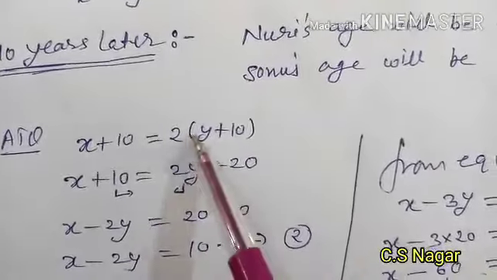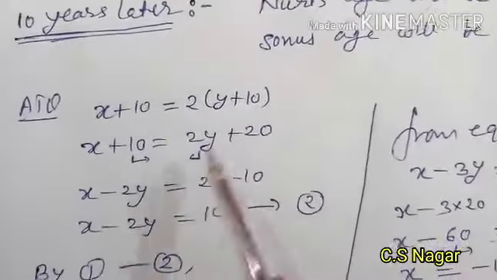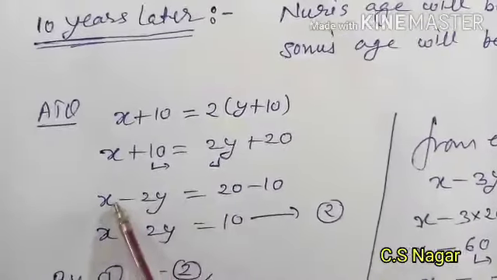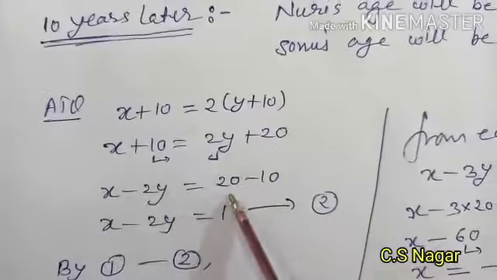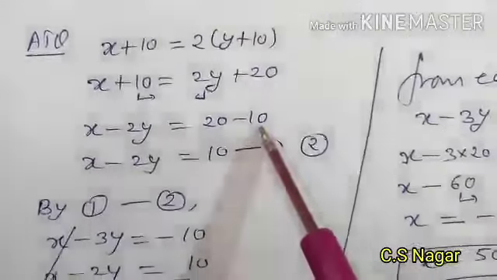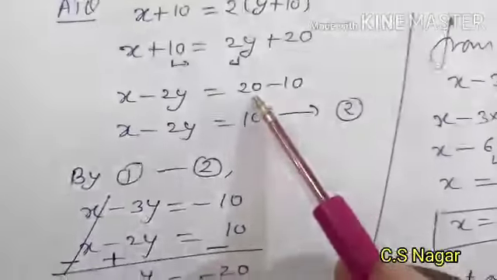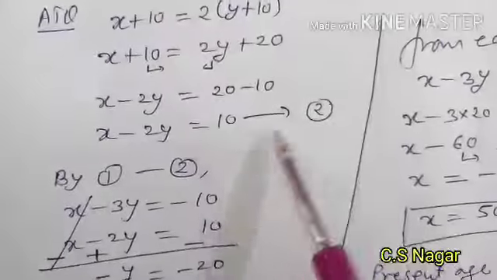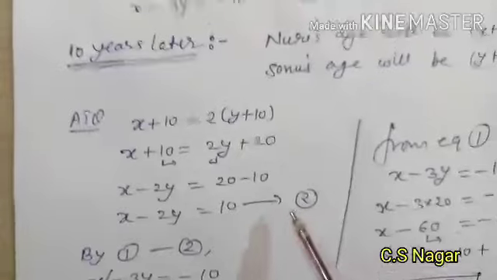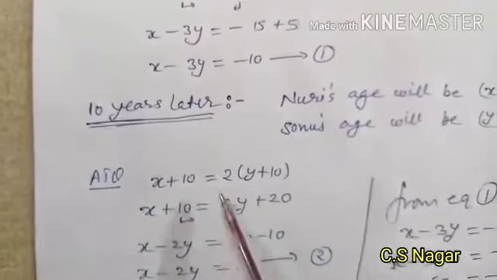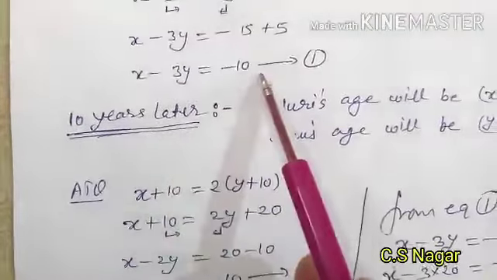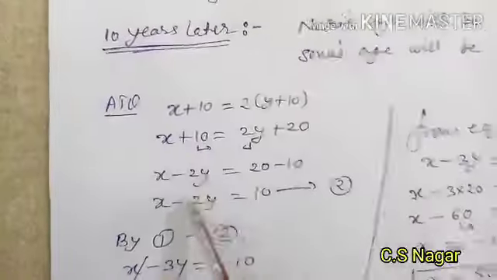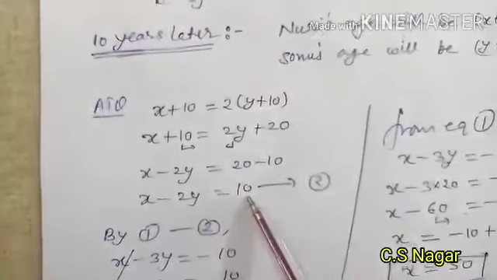So it will be 2y and this is 20. 2y transferred to the left side, so x minus 2y. This is 20 and 10 transferred to the right side, it will be minus 10. So 20 minus 10, it means only 10. So second equation is x minus 2y is equal to 10. Once again observe equation number 1 and 2. Equation number 1, x minus 3y equal to minus 10, and the second equation, x minus 2y equal to 10.